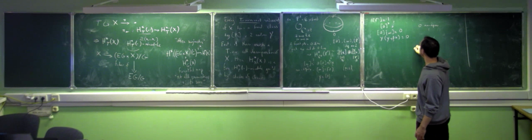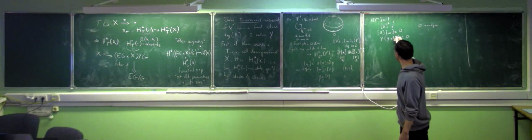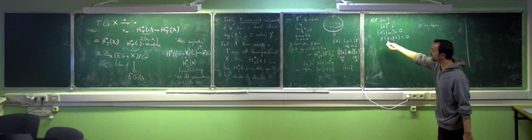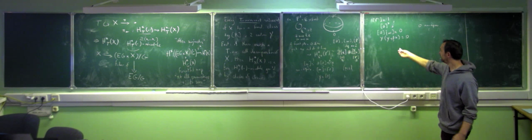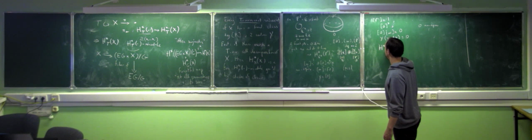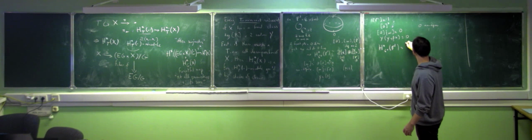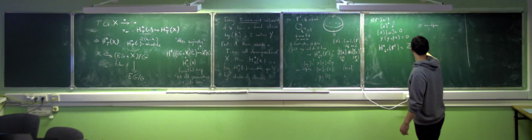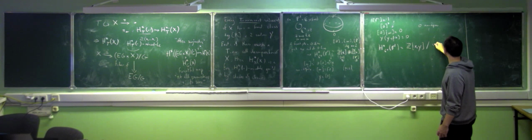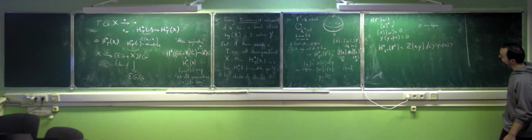Of course, I know the answer, and I can tell you that at the end of the day, beta is going to be equal to 1, but at this stage, we cannot fix the ideal of equations. So in other words, H star of C star of P1 is going to be, at the end of the day, Z of x, y divided by this mysterious equation, y times (y plus beta x). But we don't know at this stage how to fix beta, right?